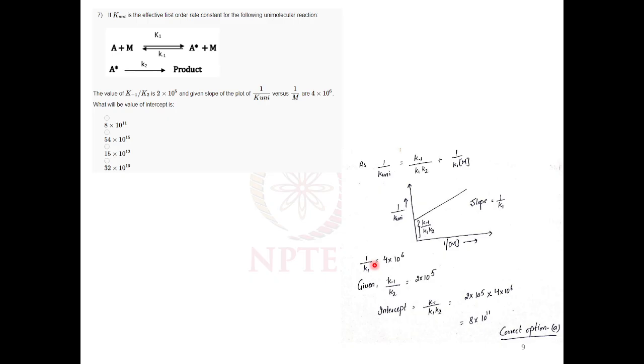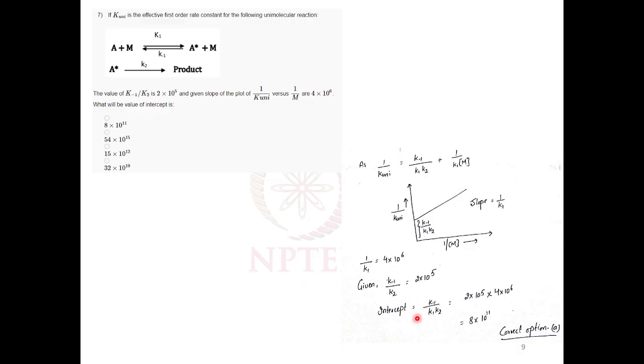So k₋₁/(k₁k₂) equal to 10 to the power 5.